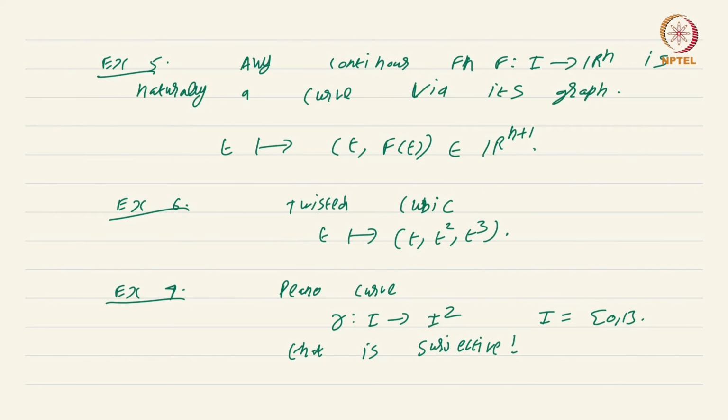Not true. You could have a simple curve from I to Rn which is not one dimensional, in the sense that the Lebesgue measure of the image is positive. I'm not going to talk about this any further.